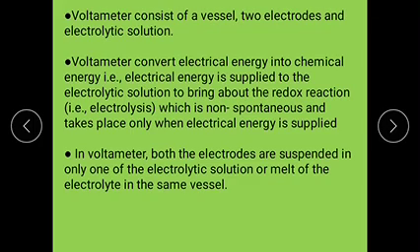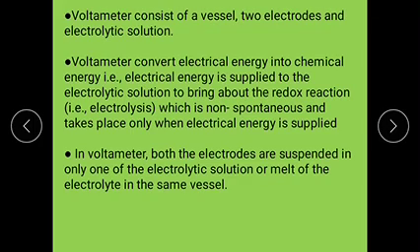That is, the electrical energy is supplied to the electrolytic solution to bring about the redox reaction, which is non-spontaneous and takes place only when electrical energy is supplied.